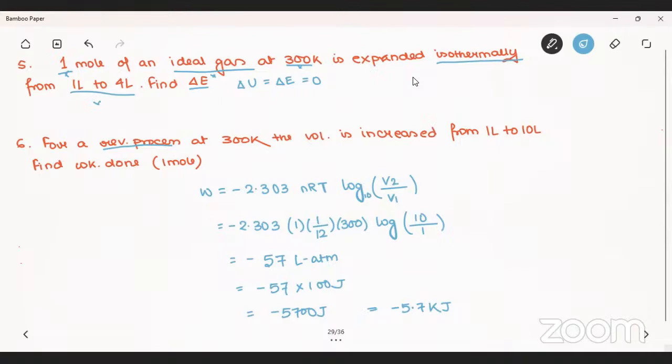Ma'am, I have a small doubt. By calculating the work, we get decimals also, no, ma'am? Don't we need to take the decimals too? Don't have to take the decimals. In your NEET, the options will be like minus 57, minus 100, minus 200, minus 10.